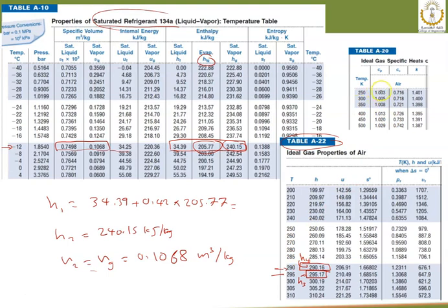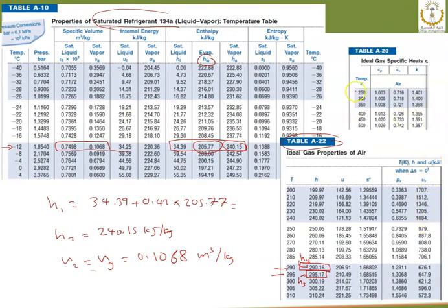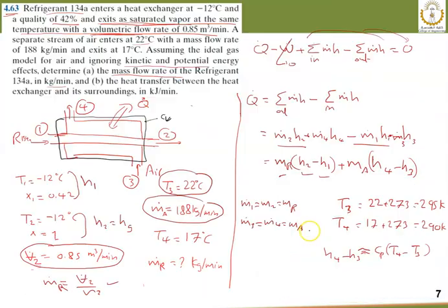We can also use cp for air. So for air, h4 minus h3 is cp times T4 minus T3, and then we need to find the cp at the average temperature, which is 292.5. We would need to do some interpolation, but in this case it is easier to use the air tables.